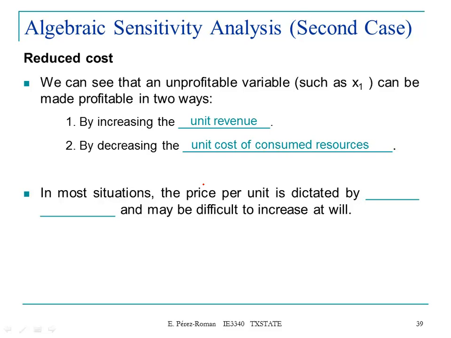In most situations, the price per unit is dictated by market conditions and will be very difficult to increase at will. So you don't want to sell a computer or a tablet for $1,000 when the market price is $500. You will not be able to sell it.